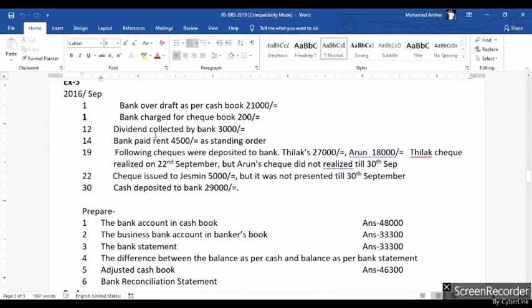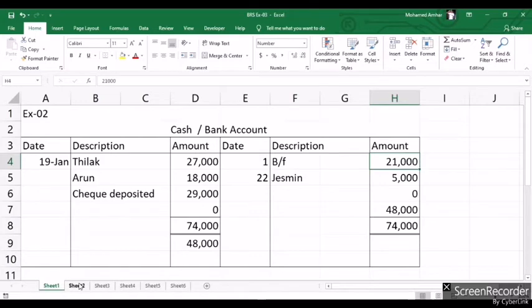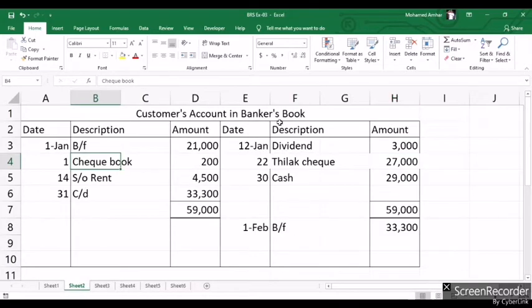Now the next date is 12. On 12, dividend collected by bank 3,000. So it would have been recorded in the banker's book as 3,000 on the credit side, dividend collected.